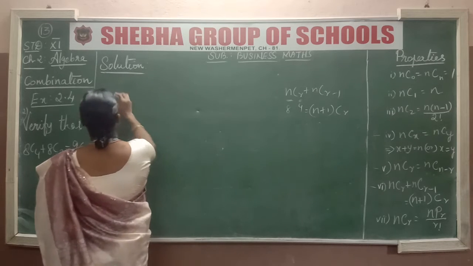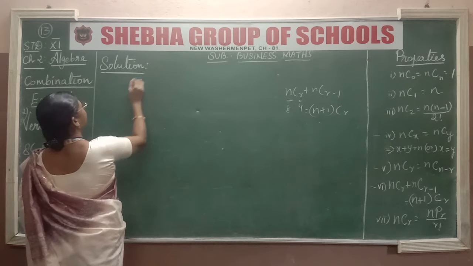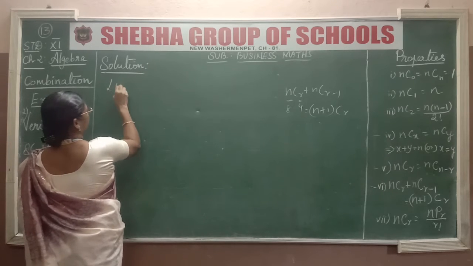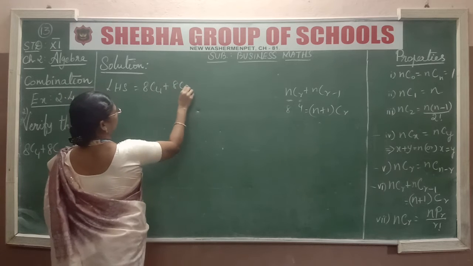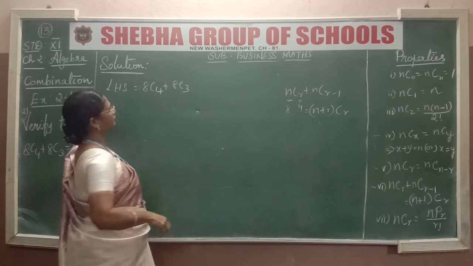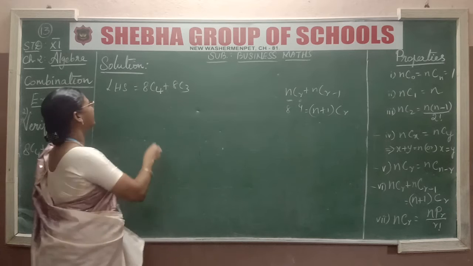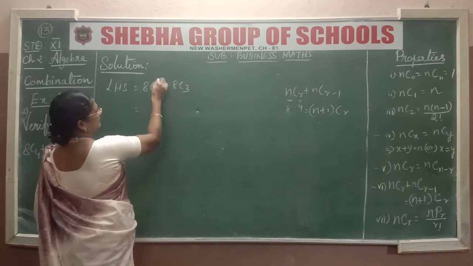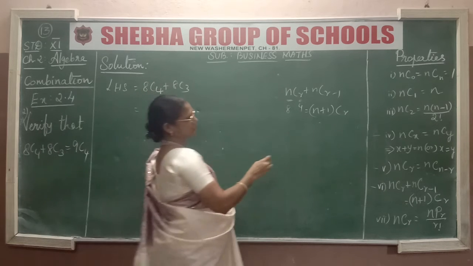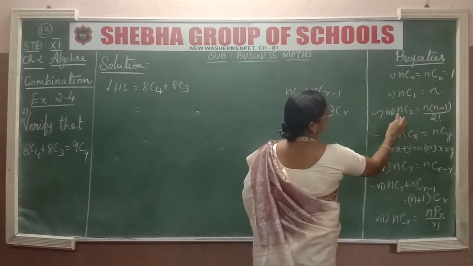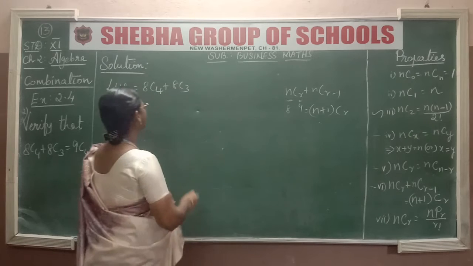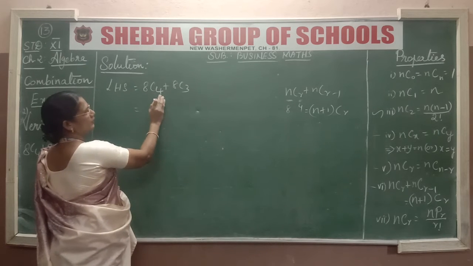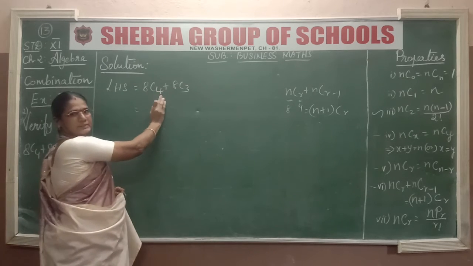So how to prove this? First take the left hand side. Our left hand side is 8C4 plus 8C3. First write 8C4. We use this formula: nCr equals n into n minus 1 and so on, by r factorial, decreasing order up to 4 numbers in the numerator.